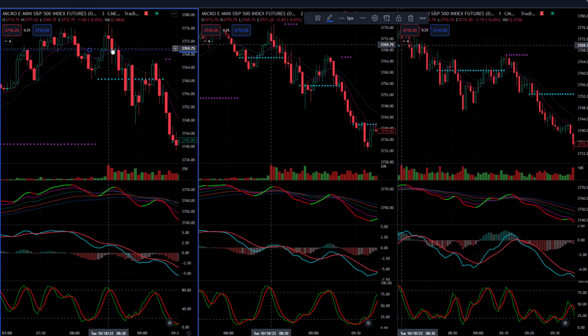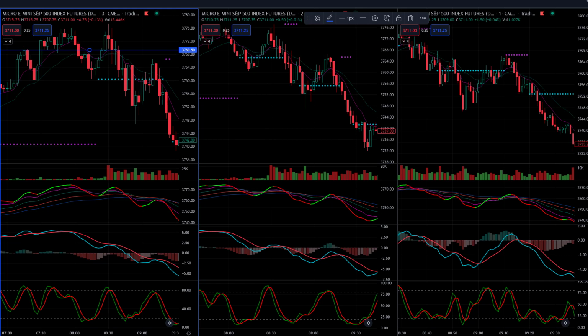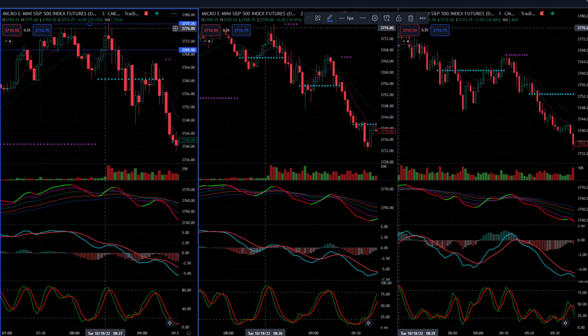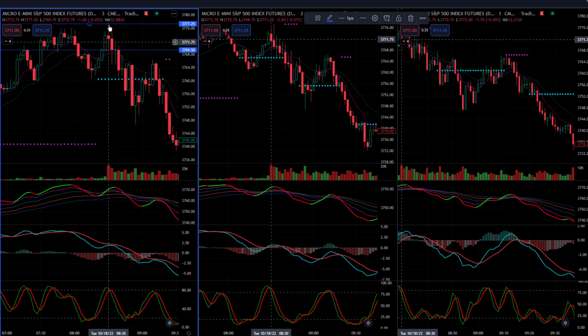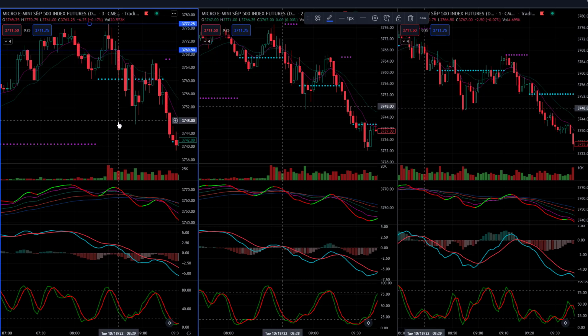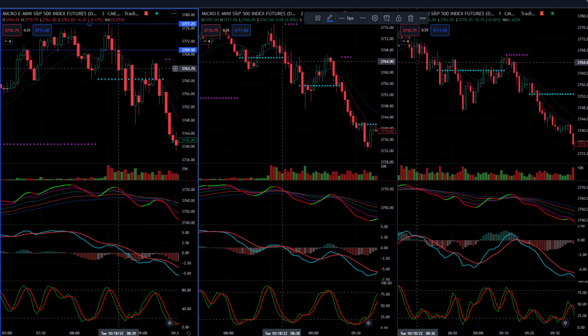I'll just use this horizontal ray. So I would place a sell stop one tick below that doji, and then put an immediate buy stop one tick above there. So my entry is defined, my risk is defined, and you trigger here, price goes up, almost hits your stop but doesn't, and you end up having a very nice trade, as you can see.